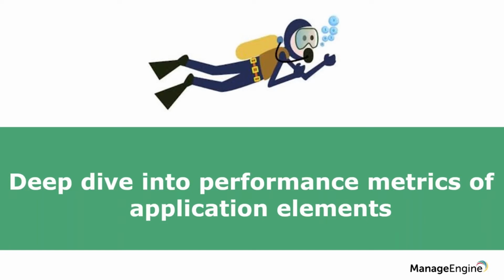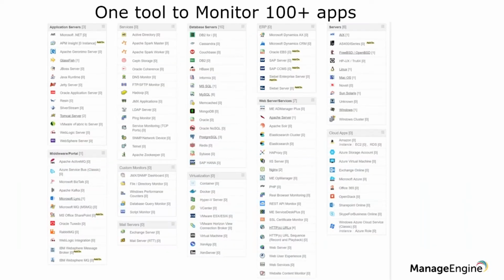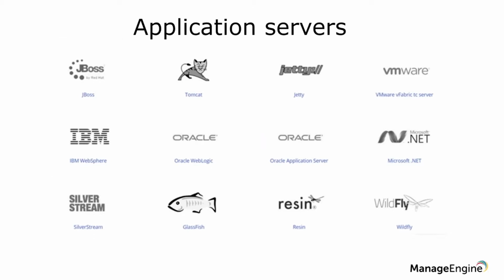We will be looking at the various applications that Application Manager can monitor. So Application Manager is one tool to monitor your 100+ apps, and we have categorized them based on their functionality. So starting with application server, which are designed to develop web services or applications, and in real time, the productivity and performance of such servers get affected due to failure of diagnosing any problem in the service or application running in that server.